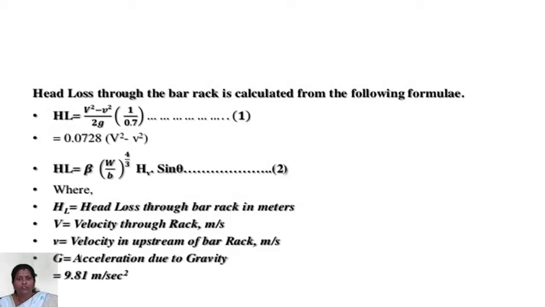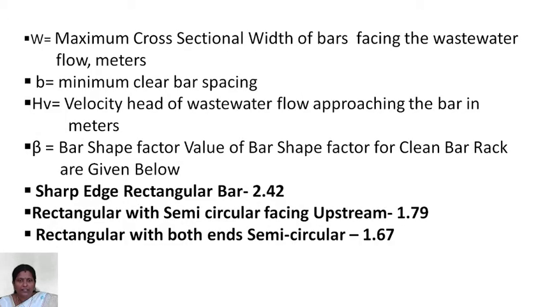H_L equals beta into (W by b) to the power 4 by 3, into h_v into sin theta. If it is an inclined screen, you go for this formula, where H_L is the head loss through the bar rack in meters, V is the velocity through the rack in meter per second, small v is the velocity upstream of the bar rack in meter per second, and g is the acceleration due to gravity, 9.81 meter per second squared.